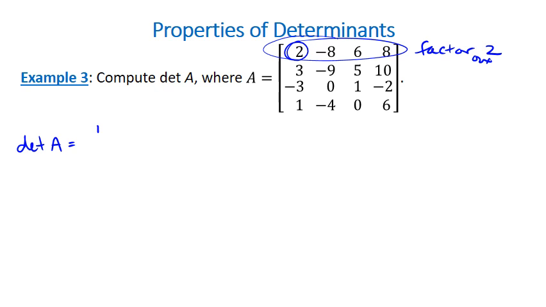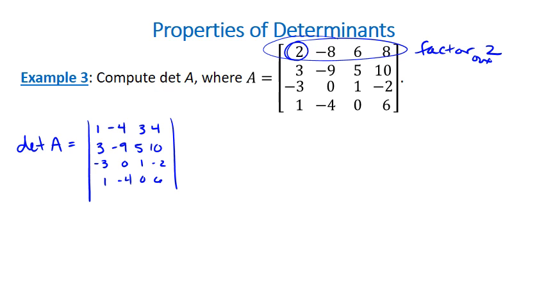So this ends up being the following. And then everything else remains the same. Okay, so now I need to get these 3 entries to be 0.